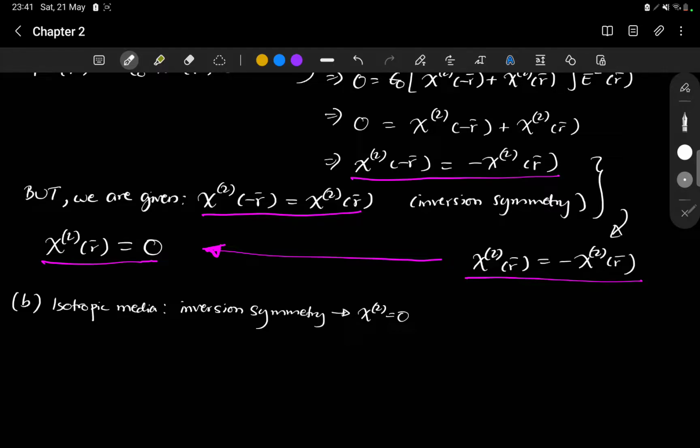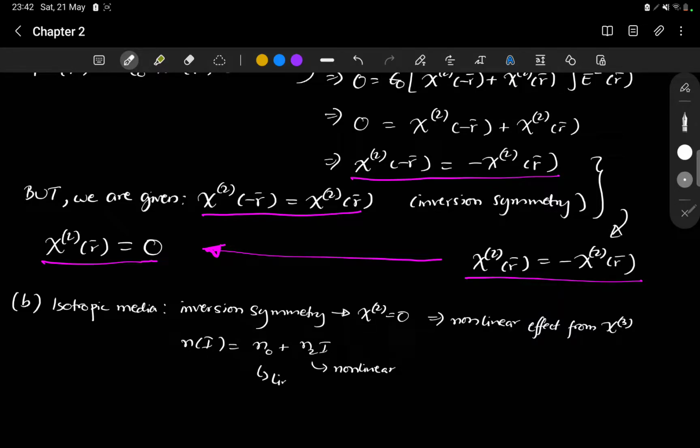So nonlinear effects would come from chi3. And we are given that the refractive index takes the following form, where this n2 is the nonlinear part and n0 is the linear part.